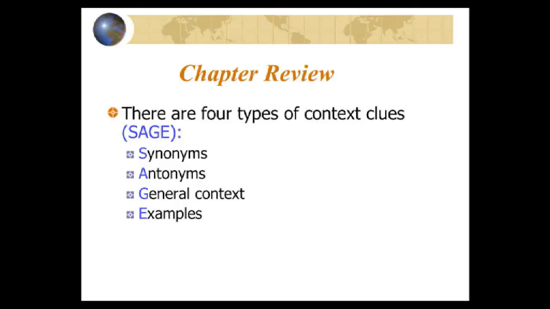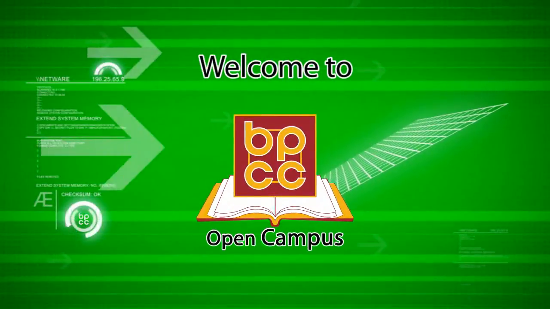And remember, for this first lesson, we went over synonyms and antonyms, along with the reading process, comprehension, prior knowledge, and also what it means to be an active reader. The next lesson we will continue with context clues, but we will go with general context and examples.